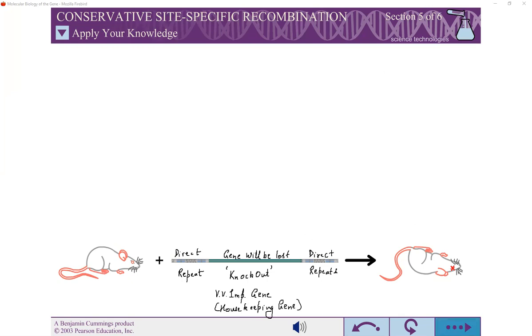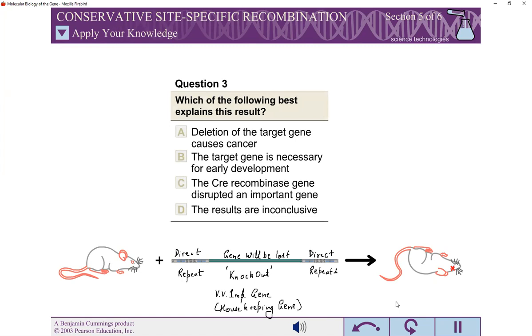So, question number three. Which of the following best explains this result? Now, which of the following is going to best explain this result? Deletion of the target gene causes cancer. Is there any cancer development? We cannot find any morphological changes, and we cannot see whether cancer has formed internally or not.